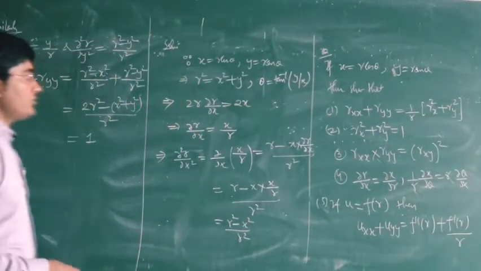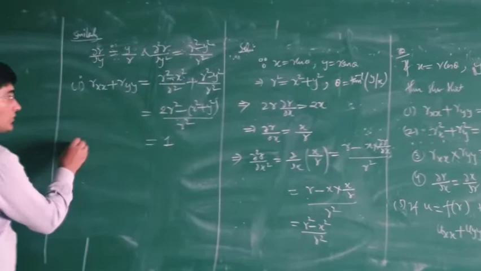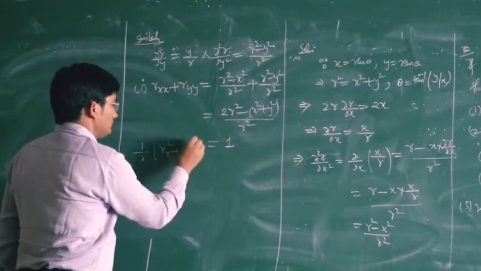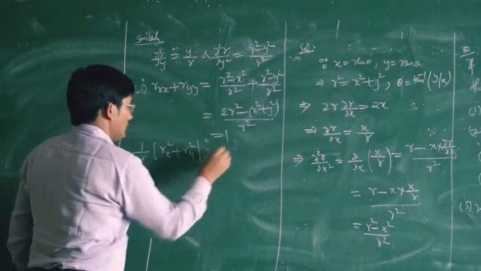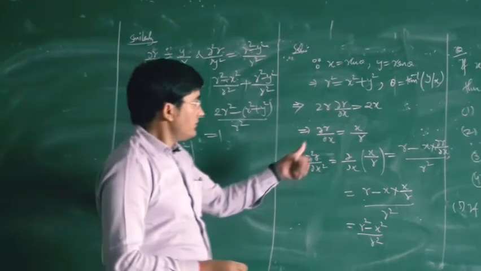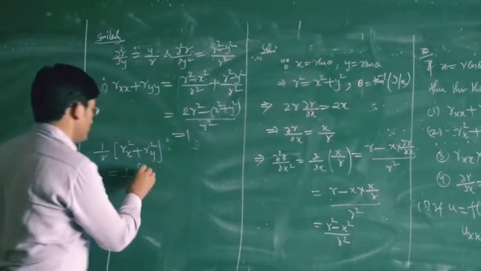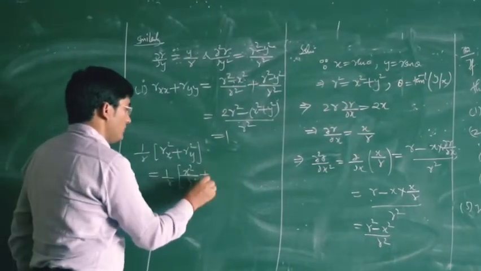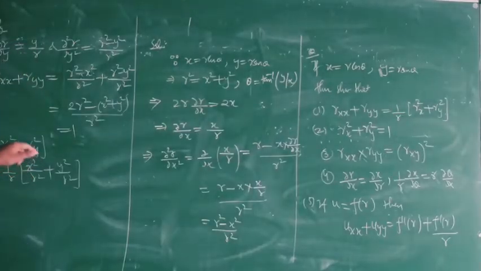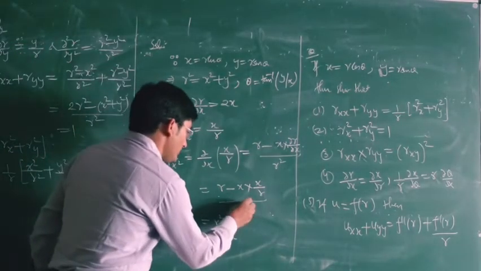Now let us compute the right hand side. Now this right hand side is 1 upon r. rx is x upon r. So this will be x square upon r square plus y square upon r square. Then we have r square. So this is r cube, not r square.